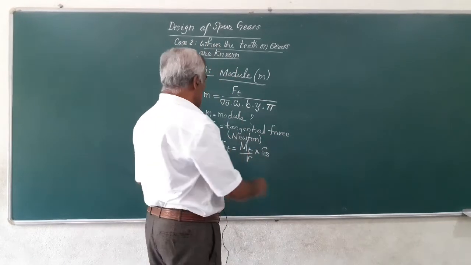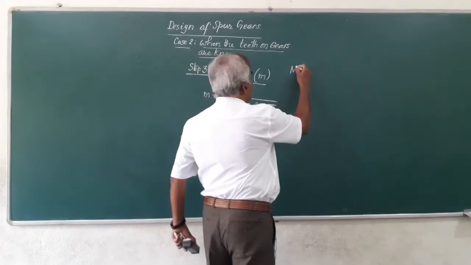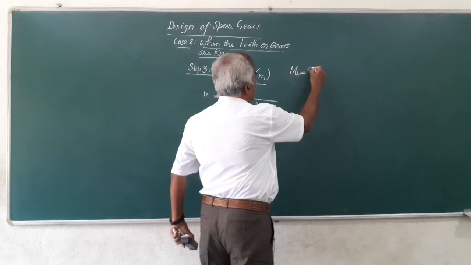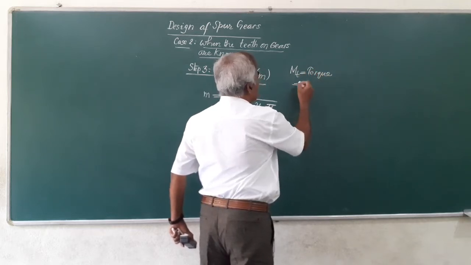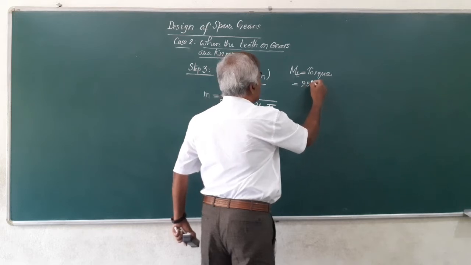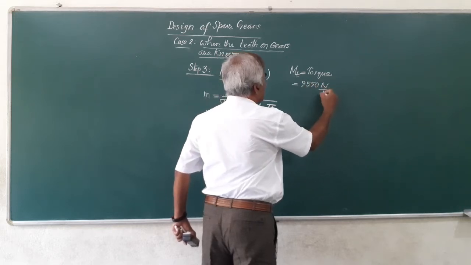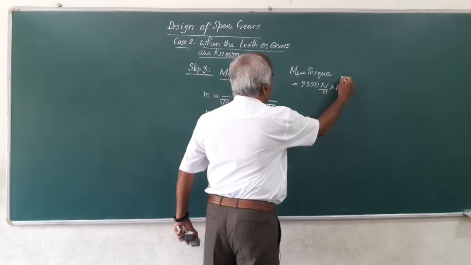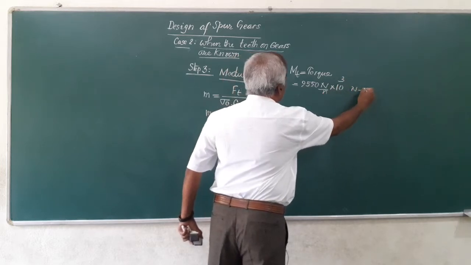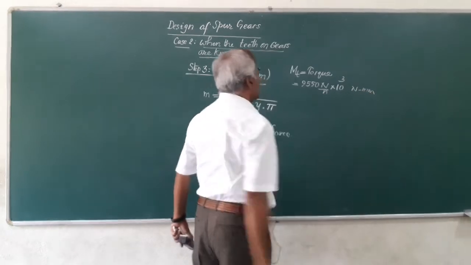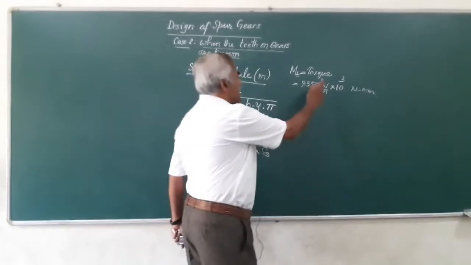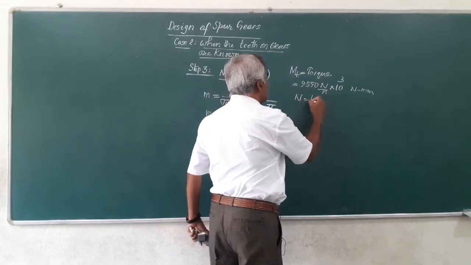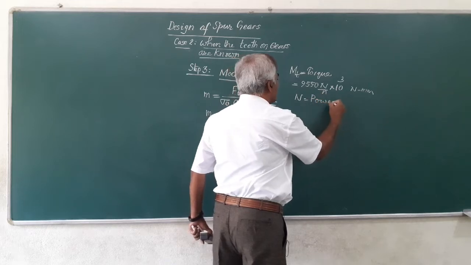So, here this Mt, torque on the gear or pinion, is given by the formula Mt is equal to 9550 N by n into 10 to the power of 3 Newton millimeter. What does term capital N and small n stand for? This capital N is the power to be transmitted.